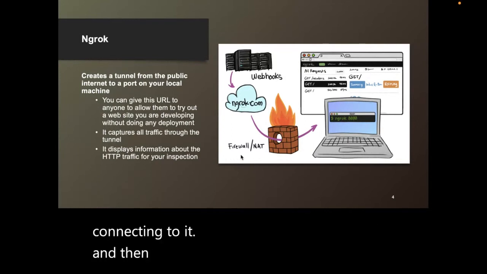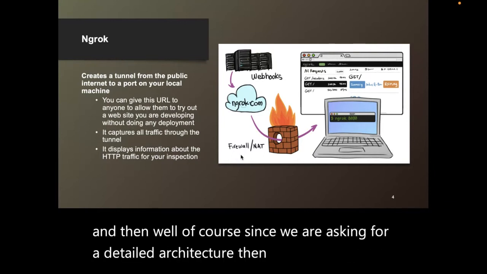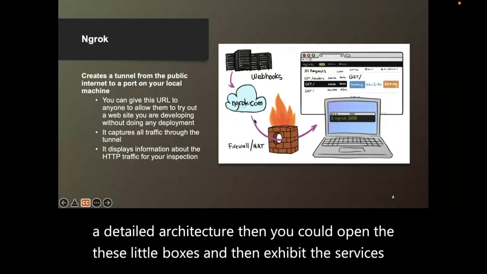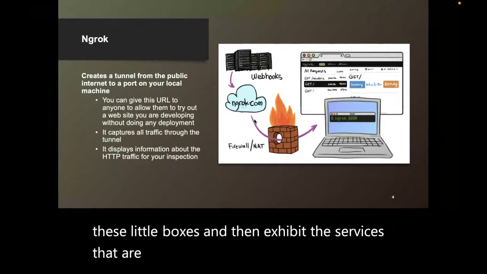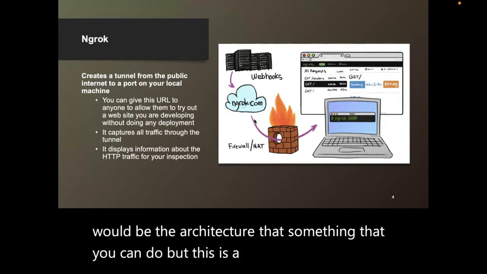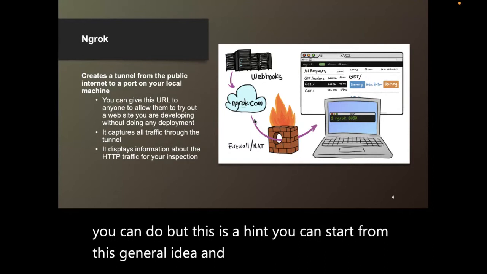And of course, since we are asking for a detailed architecture, you could open these little boxes and exhibit the services that are participating in this interaction. That's something that you can do, but this is a hint. You can start from this general idea and then zoom into the boxes.